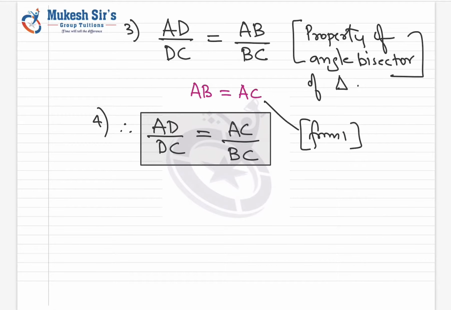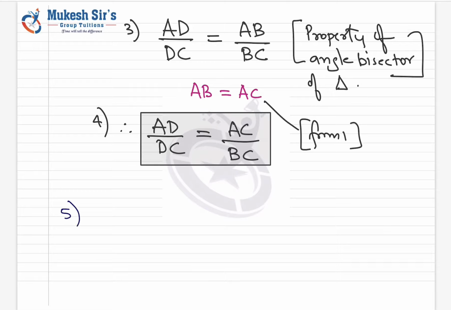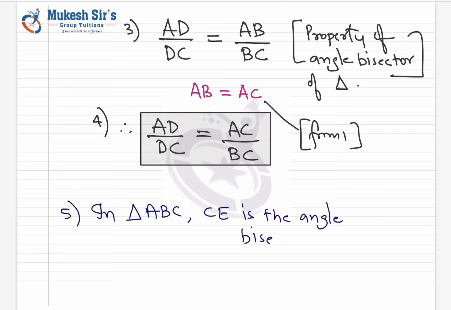So for that we say in triangle ABC, CE is the angle bisector, given, right?